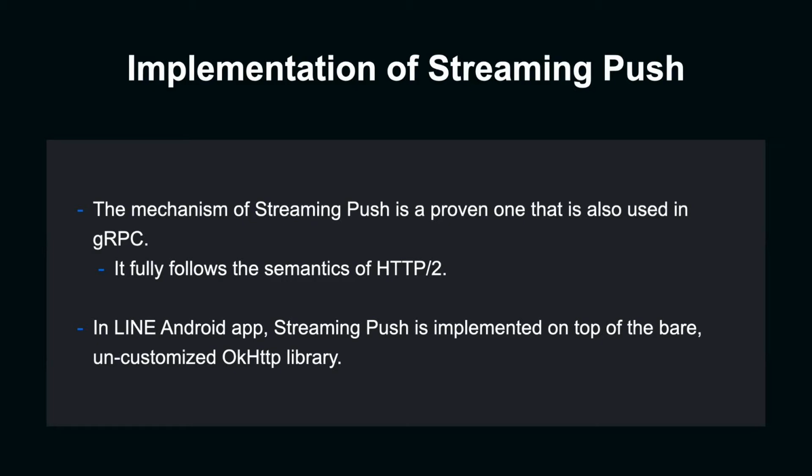In the LINE Android app, this streaming push is implemented using a network library called OkHttp. In this way, we were able to implement bidirectional communication over HTTP2 in a standard compliant way without any complex customization.